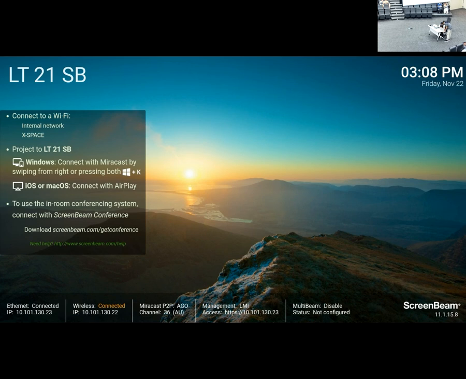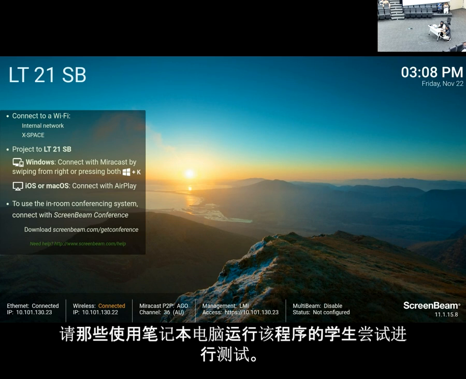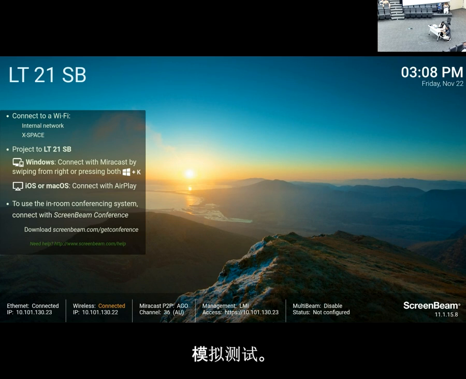Unsupported, retry. Those students on whose laptop it is working, please attempt the mock test.